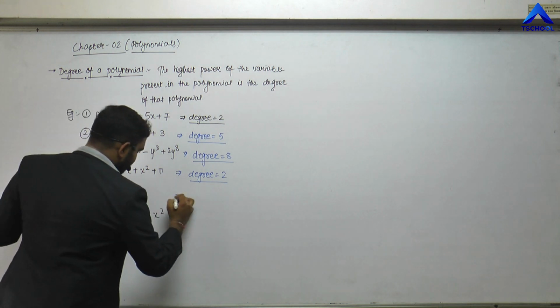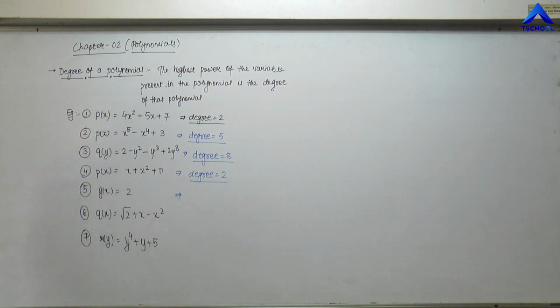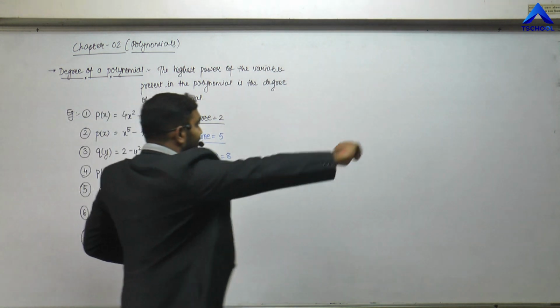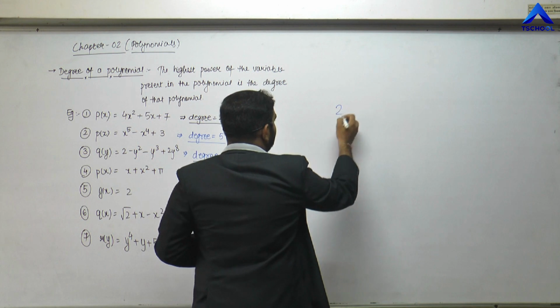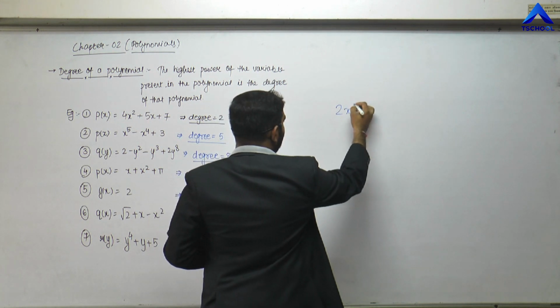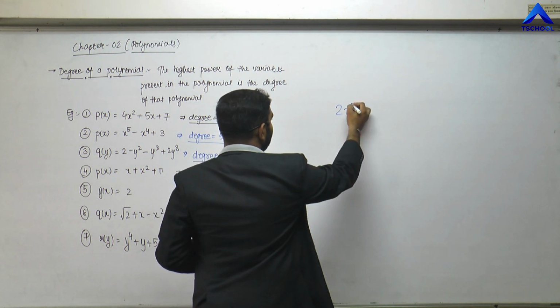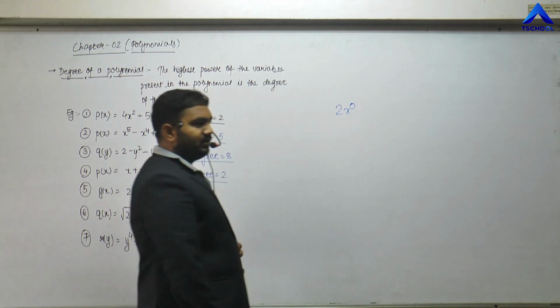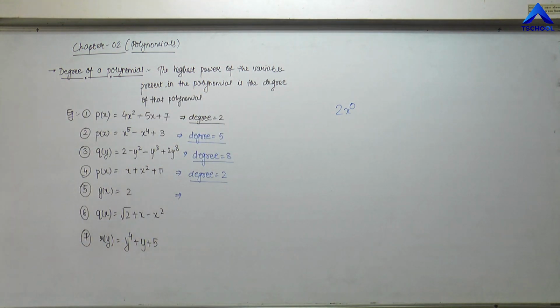In the next one, it is said that g of x is equal to 2. There is only a constant term present here. So if there is a constant term present, then what did I say? The constant term is written like this, 2, but there is a variable associated with this constant term, that is, the number has a variable with a 0 power.